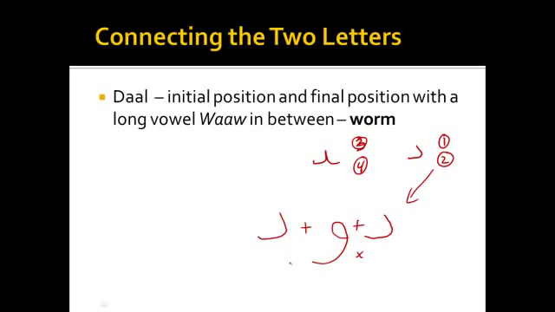Now, why is this daal not connecting to this waw? Because remember, the waw, like the daal, does not connect to what comes after it. So we have to use which position? Again, we have to use the independent position here.